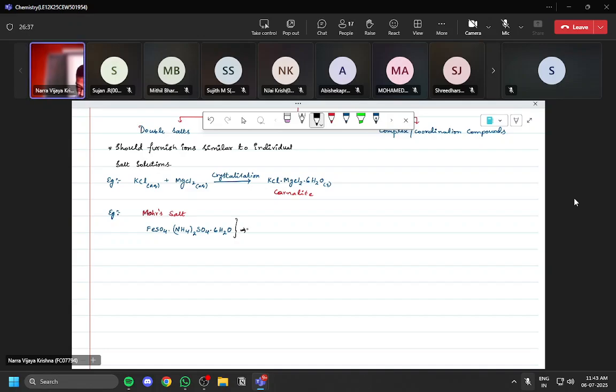It should furnish Fe2+ ions, NH4+ ions, and SO4 2- ions also. If it furnishes ions similar to individual salt solutions, then only I call it a double salt. Otherwise, I call it a complex compound.